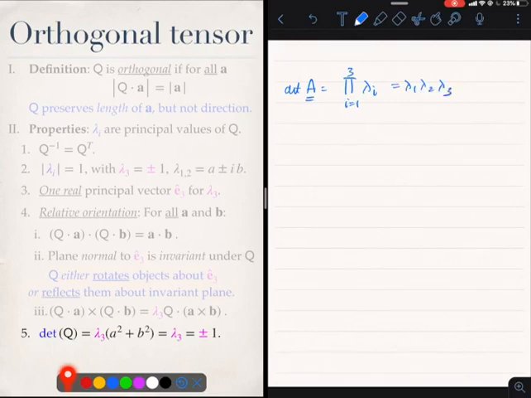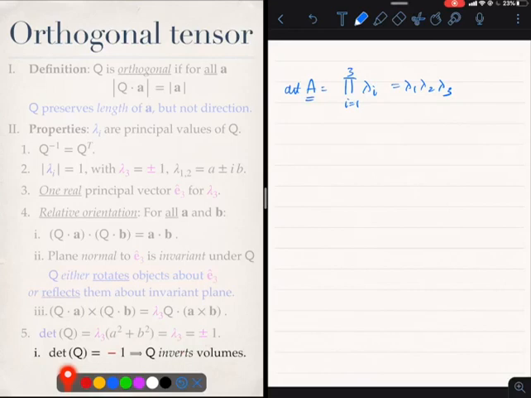Well, in this case the eigenvalues are lambda 1, 2 are complex conjugates and lambda 3 is plus minus 1. So you simply multiply them and you will get that the determinant of Q is lambda 3. So it is either plus 1 or minus 1. The consequence is that, as I will show you, if the determinant is minus 1, if lambda 3 is minus 1, then volumes get inverted. That can be easily shown.